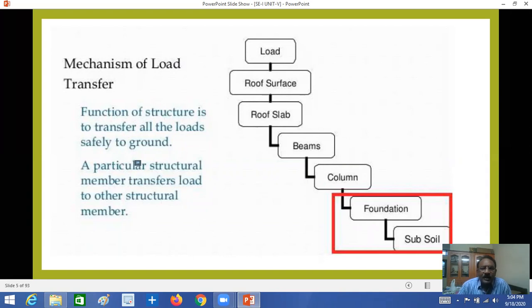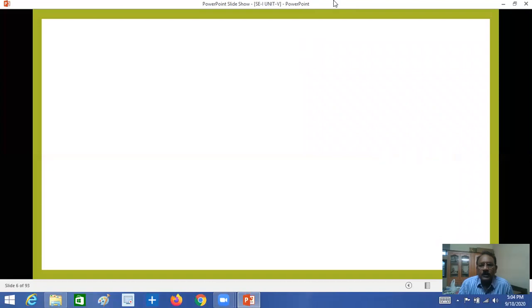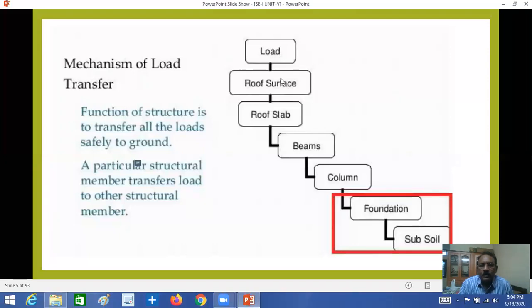Here, if you see the mechanism of transfer of loads, this is the load on the roof surface.